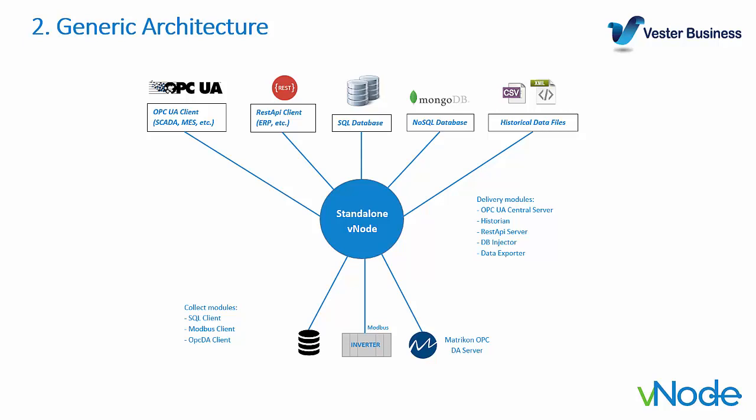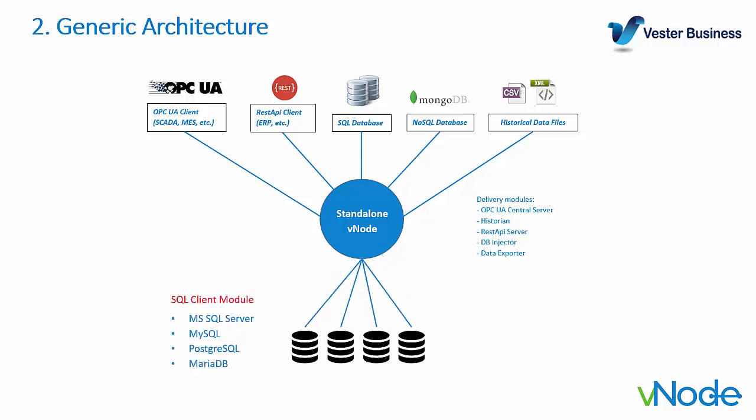We're putting all the data together into this standalone vNode, and then this vNode is sending the data to all the final destinations. These are two different architectures. We usually use them in different kinds of projects, but of course both of them are very valid. In this case, we're going to be showing how the SQL Client works.